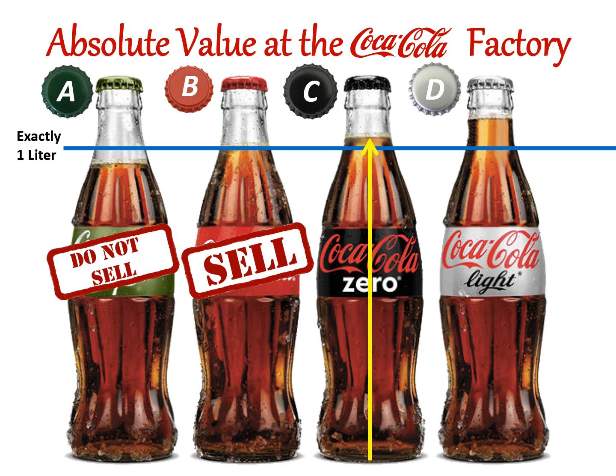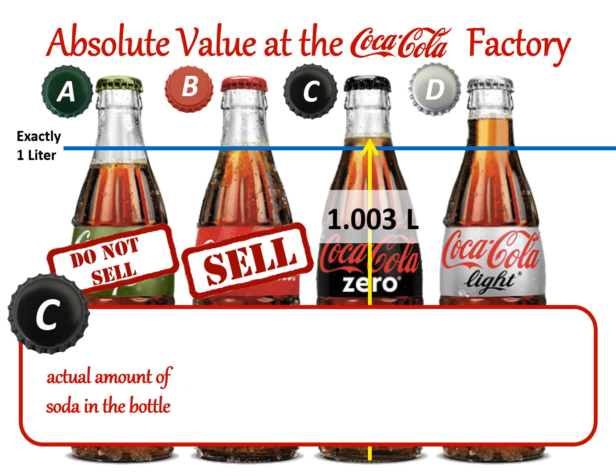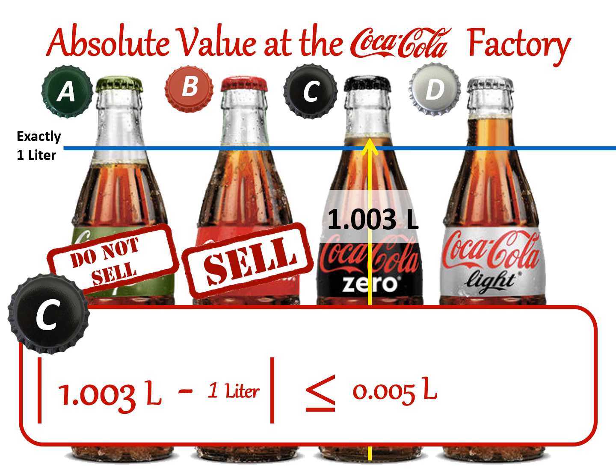Let's take a look at bottle C. This bottle is filled to 1 and 3 thousandths of a liter. Is this bottle good to sell? Let's take a look at our formula. The actual amount of soda in the bottle is 1.003 liters.